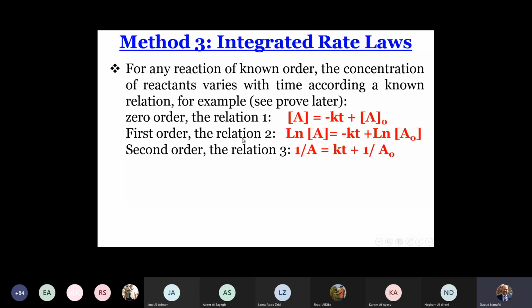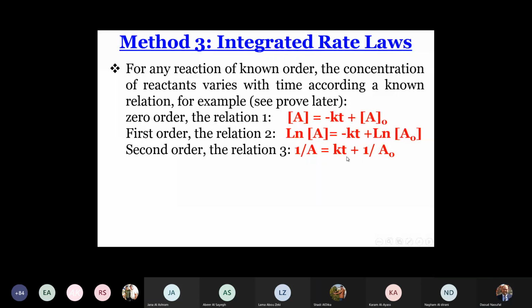If the reaction of A to products is of first order, the relation is ln A equals ln A0 minus kt, and for a reaction of second order, the relation will be 1 over A equals 1 over A0 plus kt. I will prove these relations later.